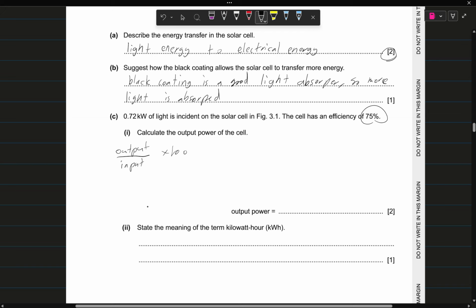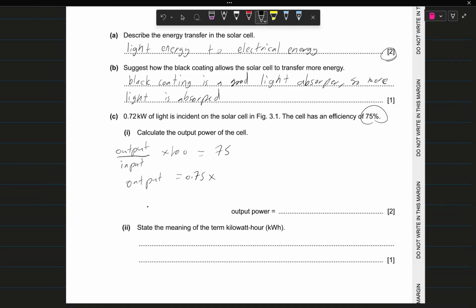So if we apply the formula here, that will equal 75%, then the output by itself will equal 75 over 100, or 0.75 times the input.